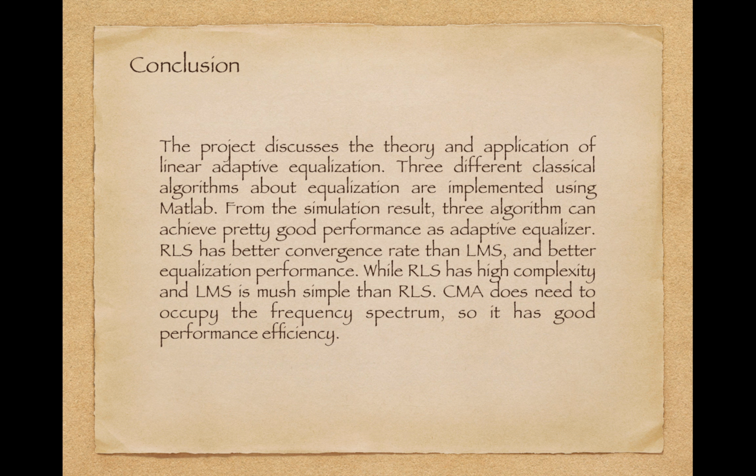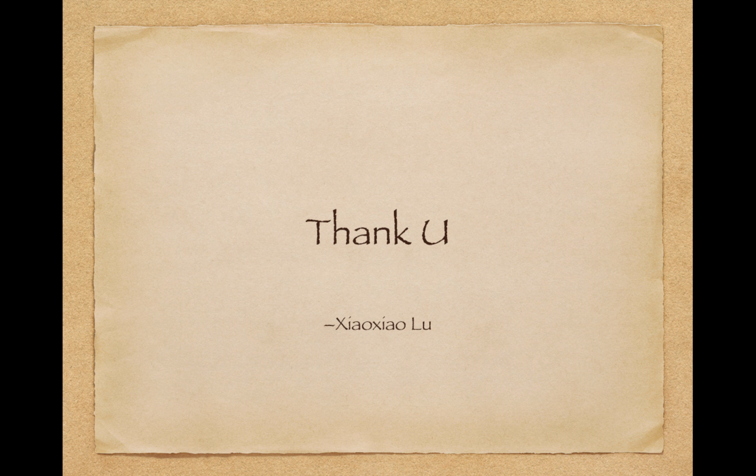RLS has a better convergence rate than LMS and better equalization performance, while RLS has high complexity and LMS is much simpler than RLS. CMA does not need to occupy the frequency spectrum, so it has good performance efficiency. That's all. Thank you.